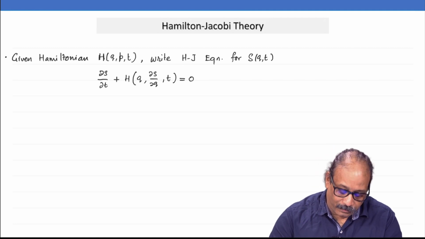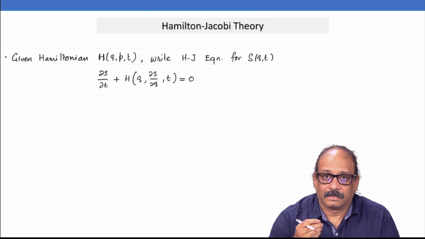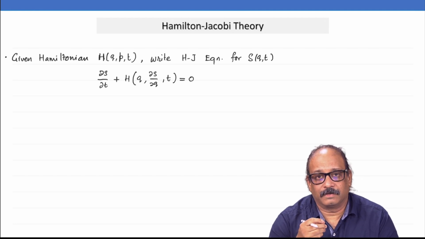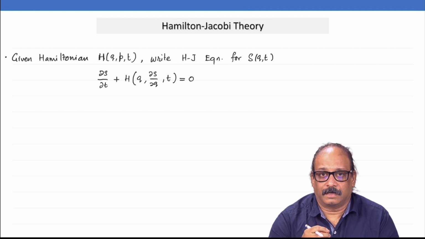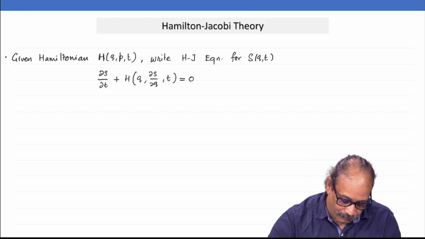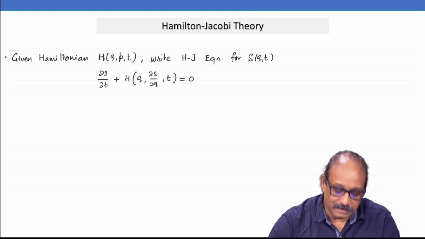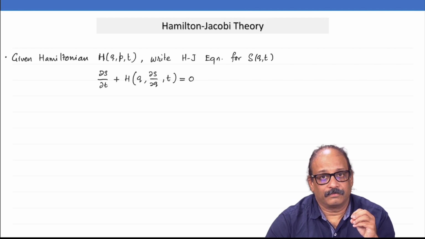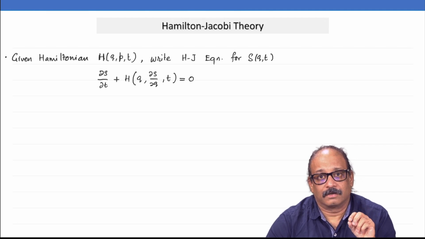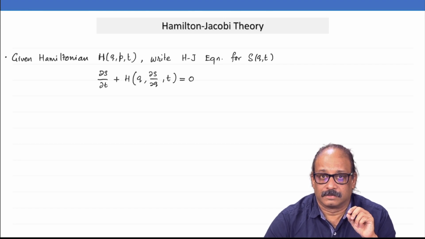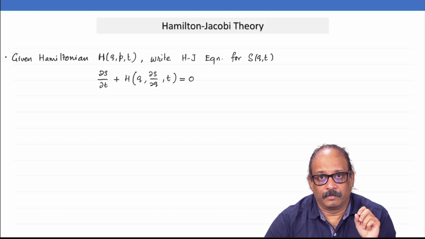Now, for S, we know it must be a function of old q, new momenta and time t. But for the purpose of finding this function, we will immediately begin with S as a function of q and t, and then what we are expecting is that partial S over partial q, with respect to small q, must be equal to the old momentum variable.